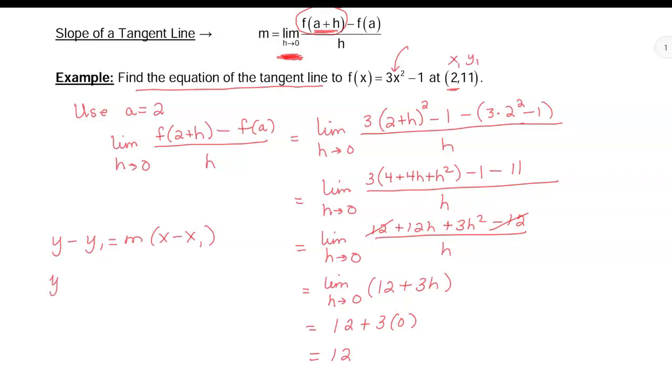So y minus 11 equals 12 times x minus 2. You can leave your answer in that form. If you choose to make it y equals form, or if you needed it to be in y equals form, you would get y equals 12x minus 13.